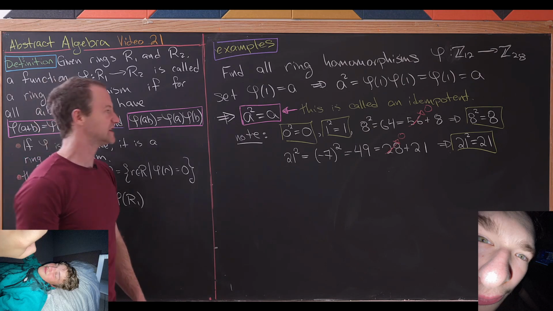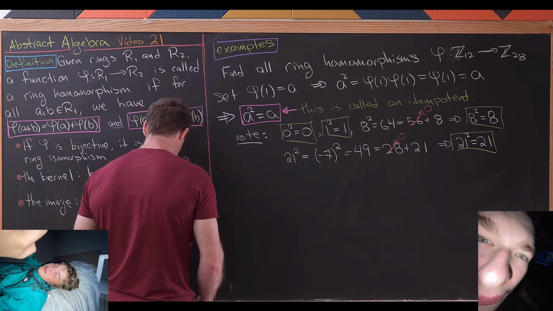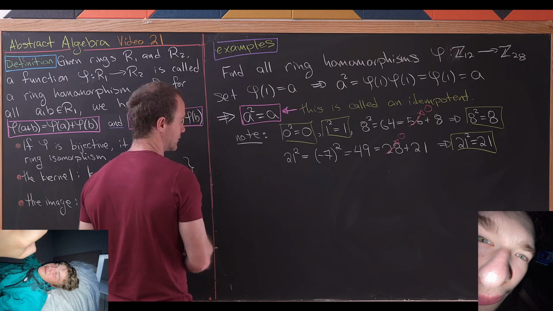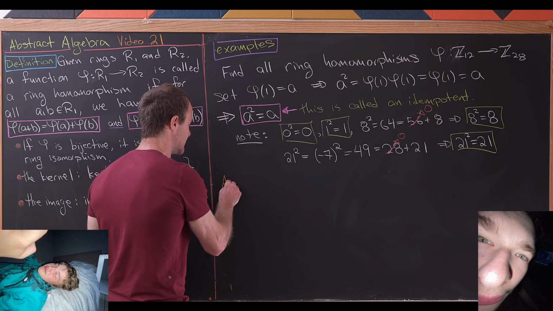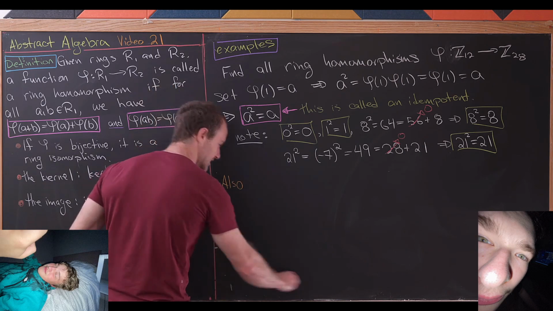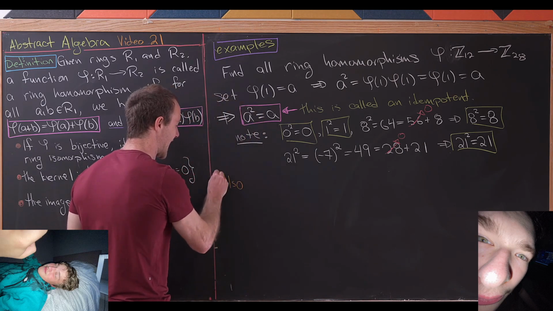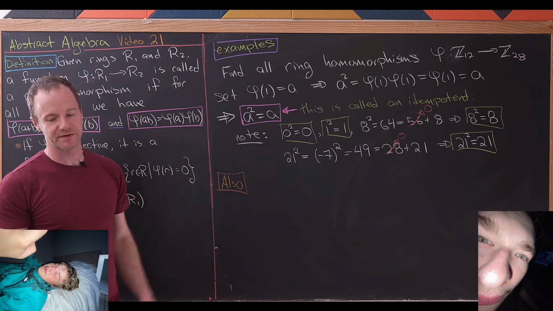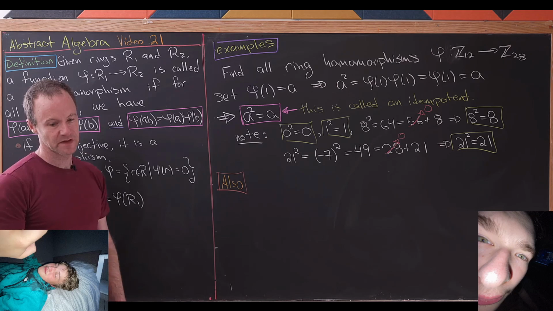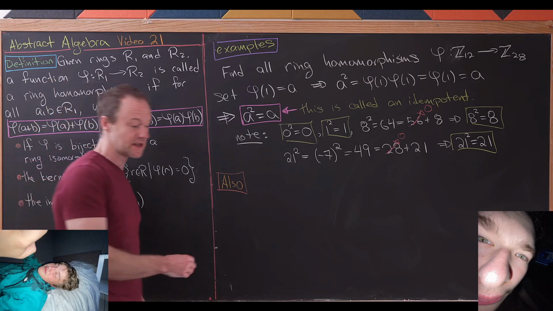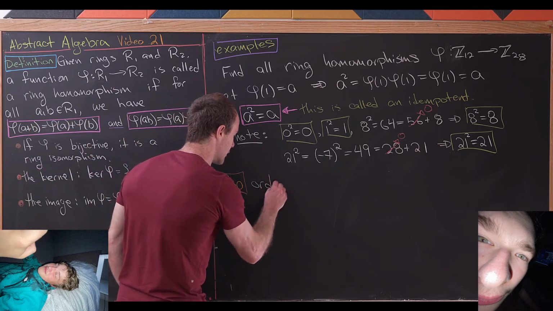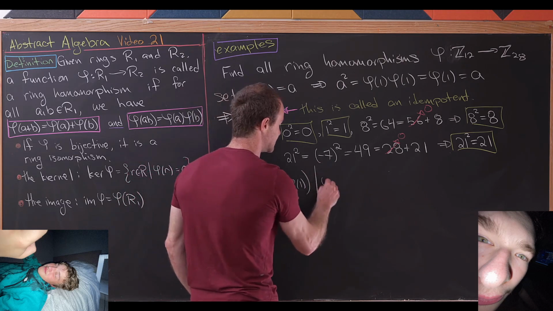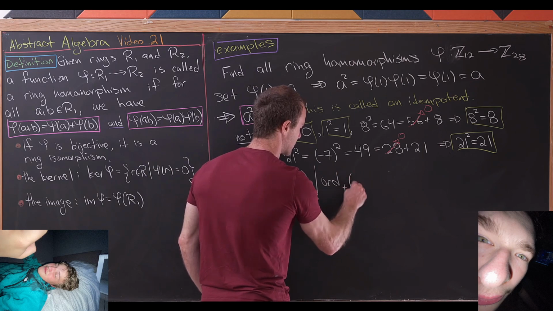But there's another thing to check as well, and that has to do with the order inside of the additive group. This comes from when we did our original study of what type of additive group homomorphisms there are between, for example, Z12 and Z28. What we'll need is that the additive order of phi of 1 must divide the additive order of 1.